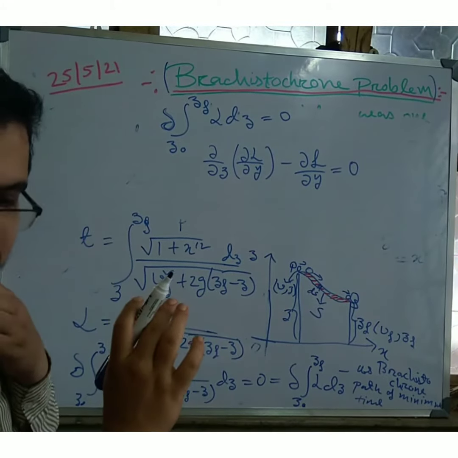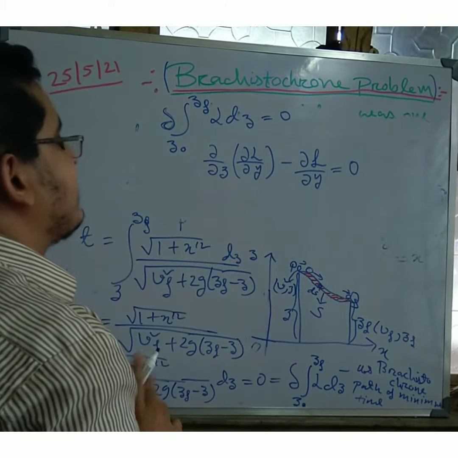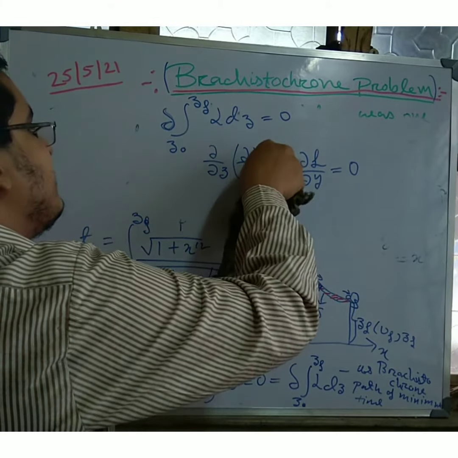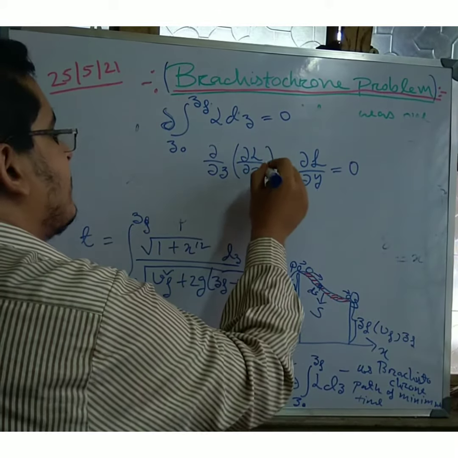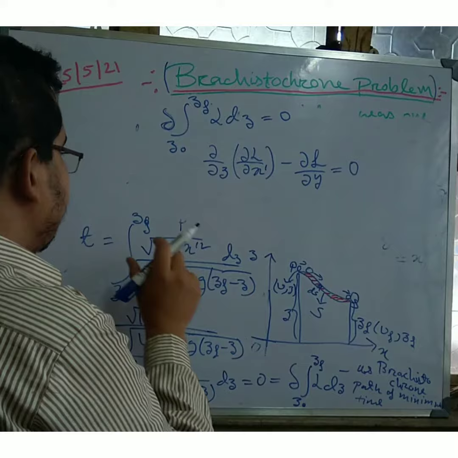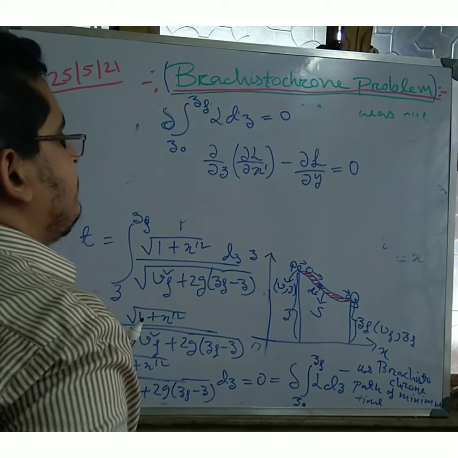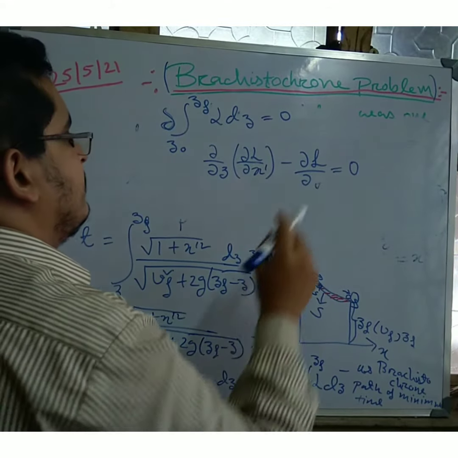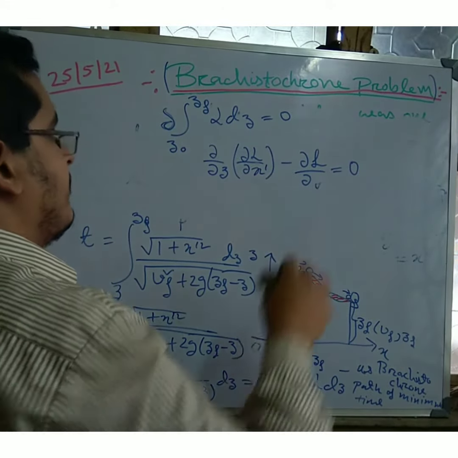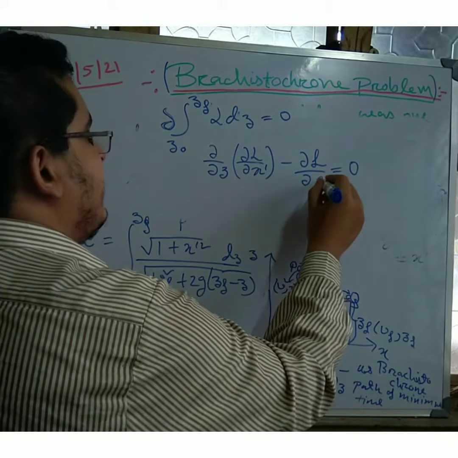And this is the main point: in here, y means in case of Lagrange's, it is x dash, because our variable is x dash. This is the x dash.